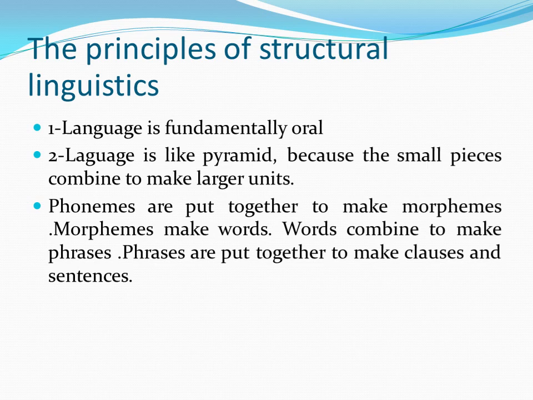This means that language consists of units, and these units are linked together according to structures. What's meant by units? The units of language are phonemes, morphemes, words, phrases, clauses, sentences. These units are linked together to make or to form language.